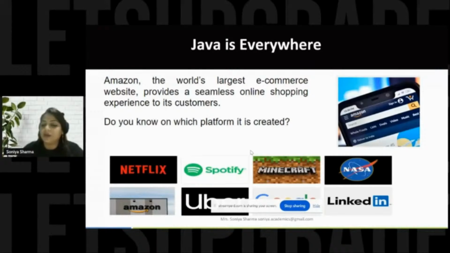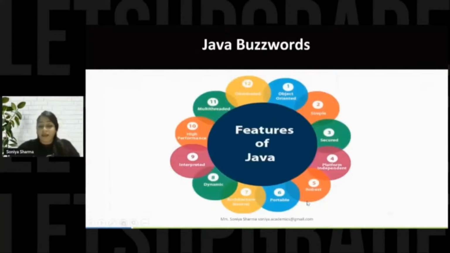Java is in the core part of all these applications, and that's why we are studying and learning Java. Why are so many people including Java in their background? Because it has a lot of features. You can also call them buzzwords. Because of these buzzwords, Java has got popularity.